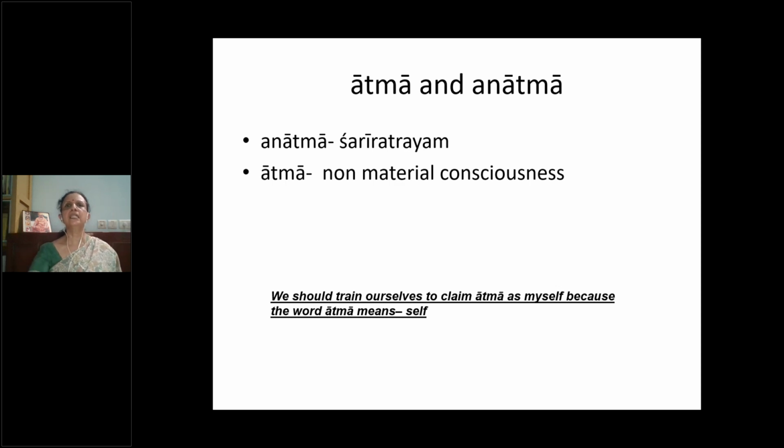So understanding that there are 3 factors within Anaatma range and 1 factor known as Atma, and I, the individual, now I'm talking of the body-mind complex, I'm a mixture of material Anaatma and non-material Atma. Learning this is the first lesson of Vedanta.